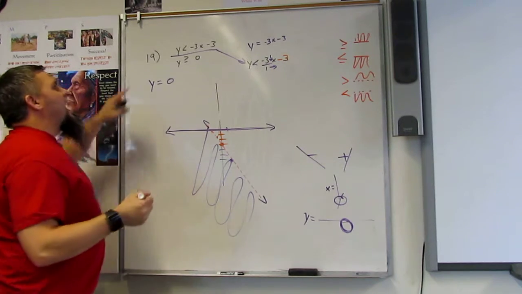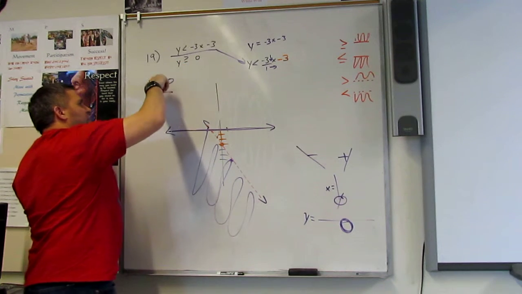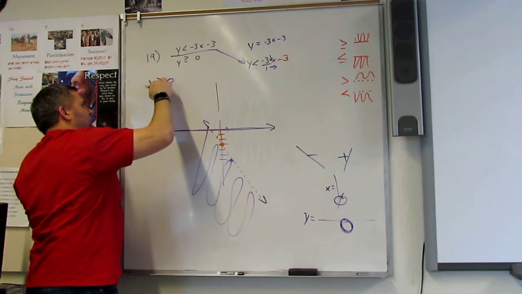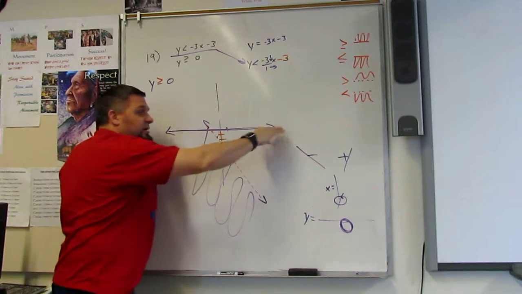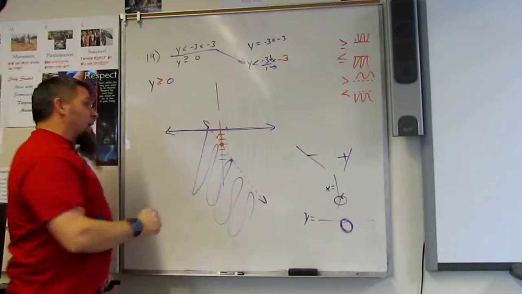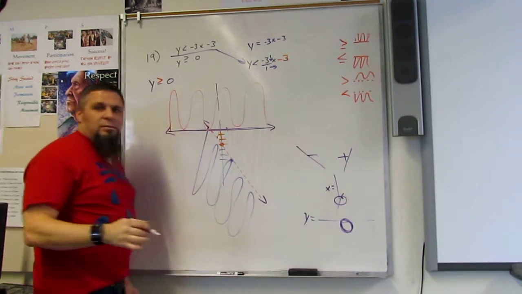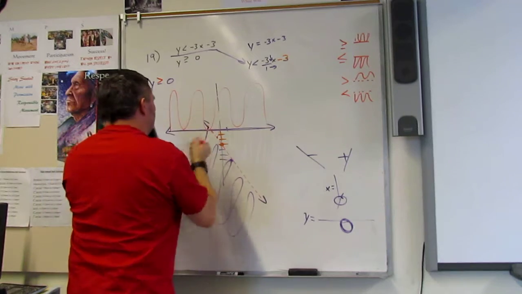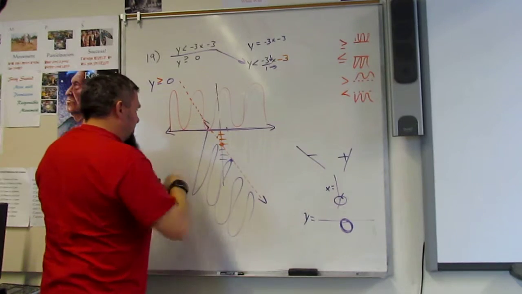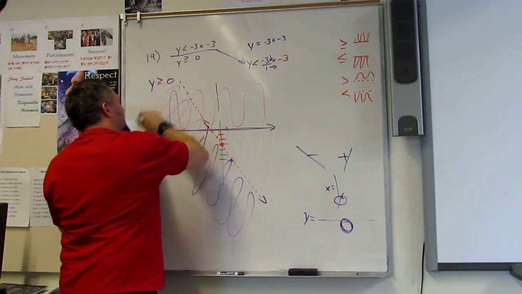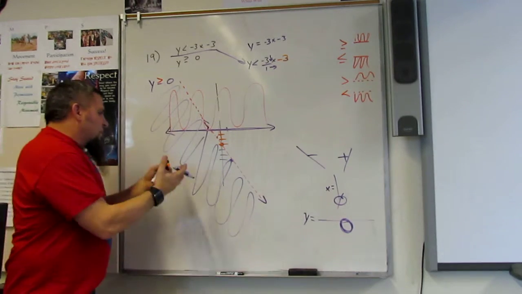But what would be y is greater than or equal to 0? Oops, that's less than. I'm just really bad today. What is y is greater than or equal to? Well, that's a solid line, and then I would shade greater than. So we have this dotted line going on forever, and this is purple down here. So what do these lines even mean?